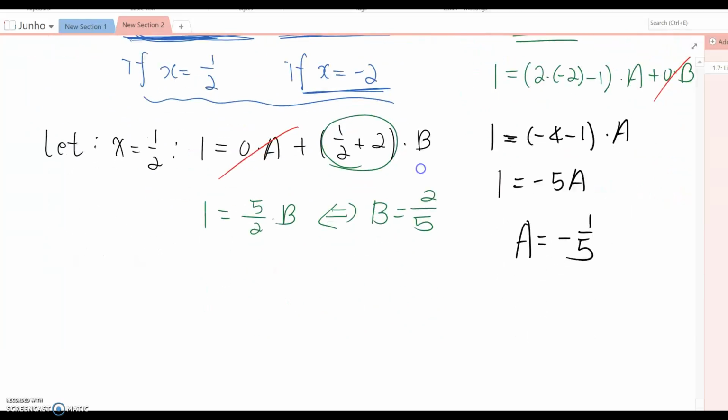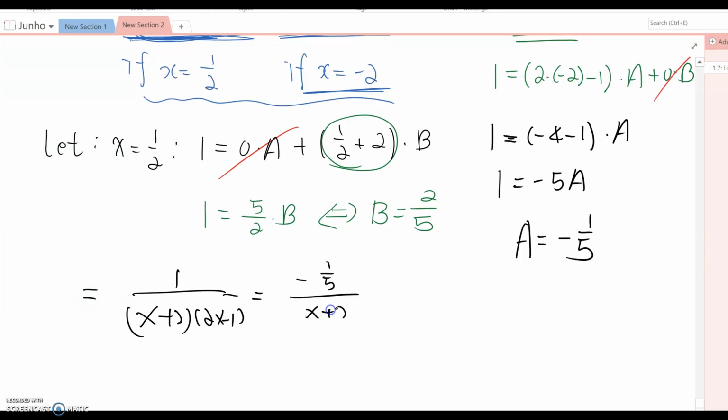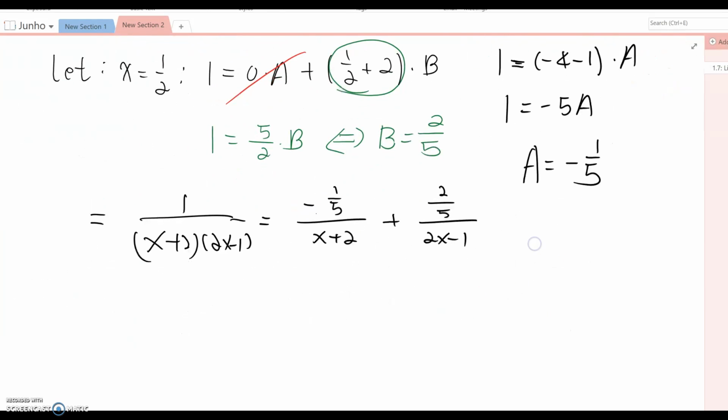Then this equation becomes 1 over (x plus 2)(2x minus 1) equals negative 1 over 5 over (x plus 2) plus 2 over 5 over (2x minus 1), which means you can rewrite it as negative 1 over 5 times (x plus 2) plus 2 over 5 times (2x minus 1).